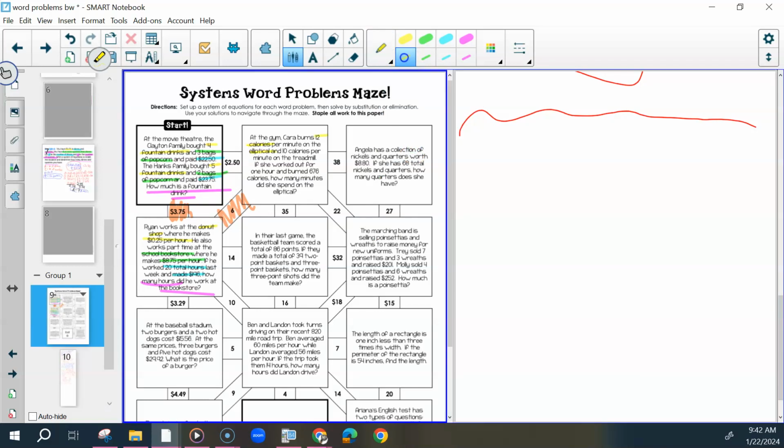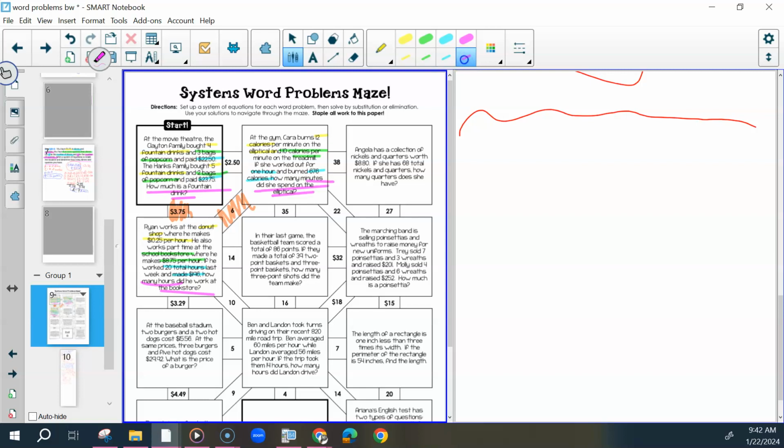Okay. 10 calories per minute on the treadmill. Okay. Anything else? Worked out for 1 hour and burned 676 calories. And we're looking for how many minutes did she spend on the elliptical?